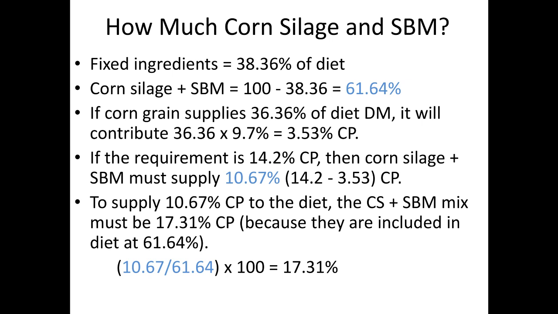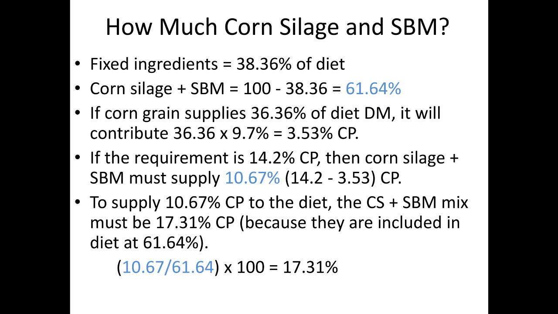So if corn grain supplies 36.36% of the diet, because remember, corn grain is fixed, it had to be fed at 1% of the body weight on a dry matter basis per day, and we knew that the dry matter intake was estimated to be 11 pounds of dry matter per day, thus the corn grain has to be 36.36% of the diet.